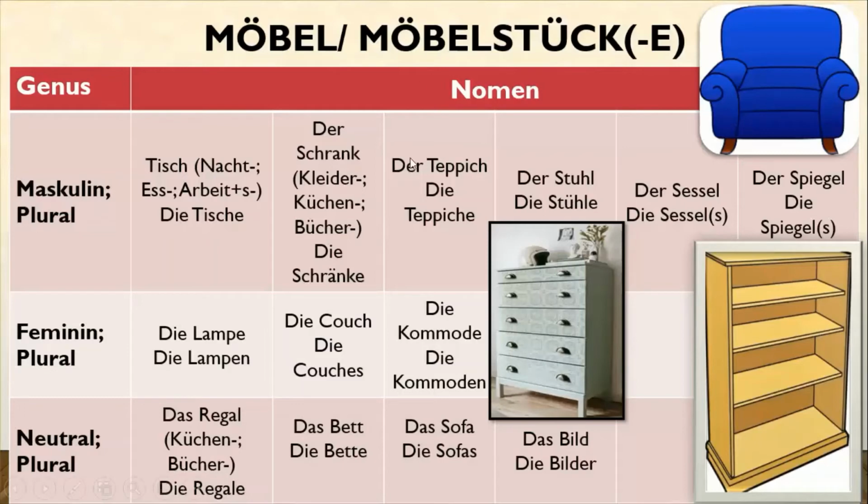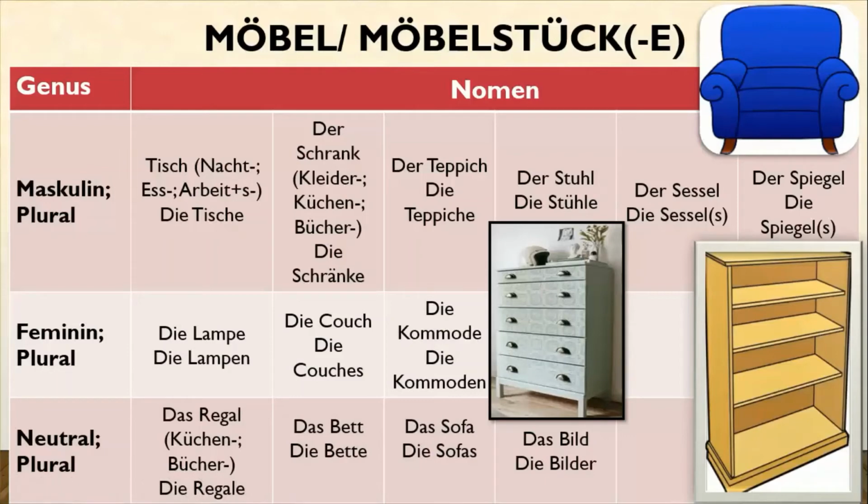Then we have the carpet, der Teppich, and the carpets, which are die Teppiche, der Stuhl, die Stühle, the chair or the chairs, der Sessel, which is the armchair, as you can see in this picture.